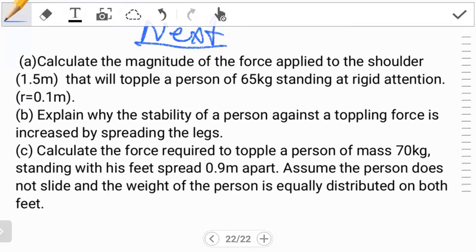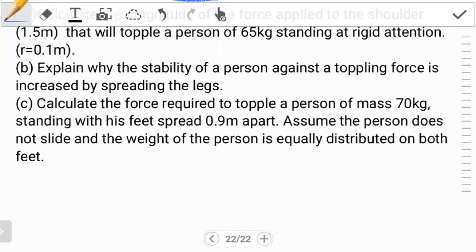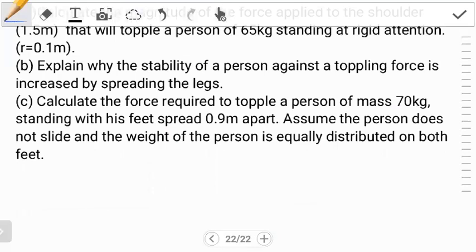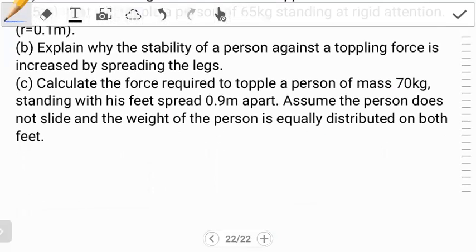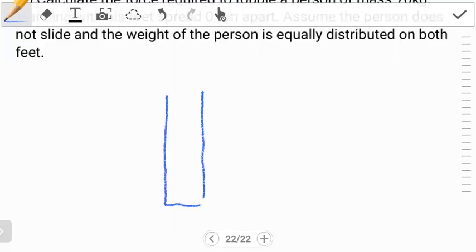Now the radius is given, we're supposed to take it as about 0.1. So ideally, let's say this is the person. The center of mass is somewhere there. And then now you're pushing this person from some height up to that point. This is the force that you're applying. And then we're picking the pivot to be somewhere here, since the person tends to rotate in this direction.